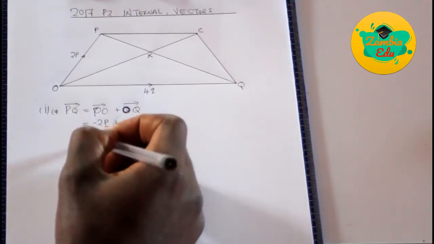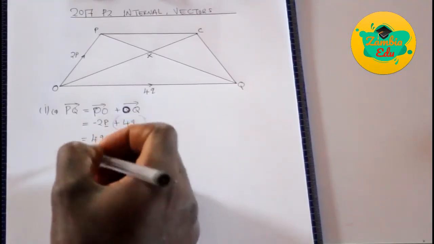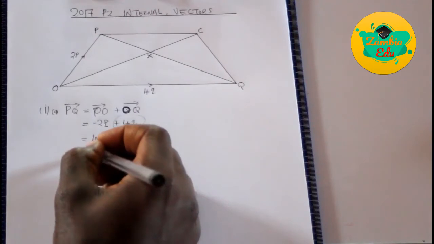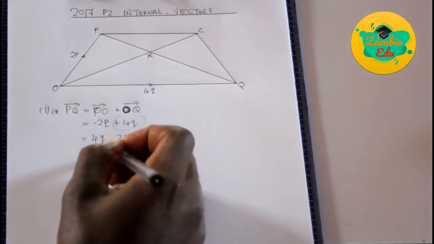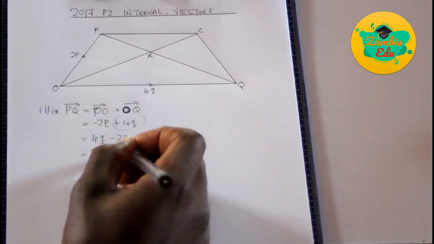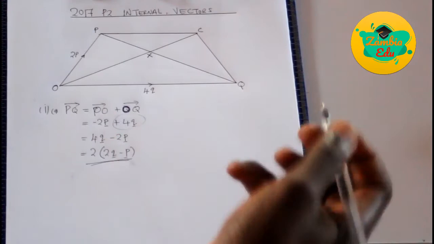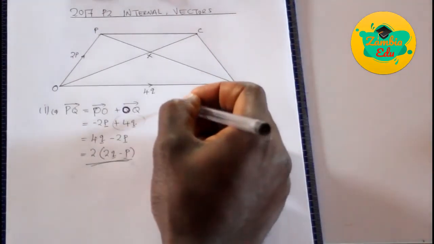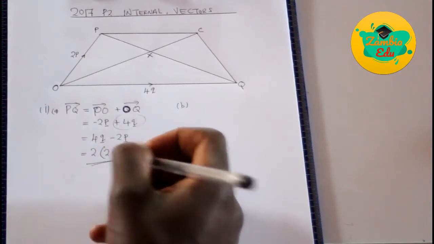Put it this side, and let this one remain 2P. Then you can factorize that now. 2 into 4, you have 2Q there, minus P. We've solved A. So that's the solution for A.